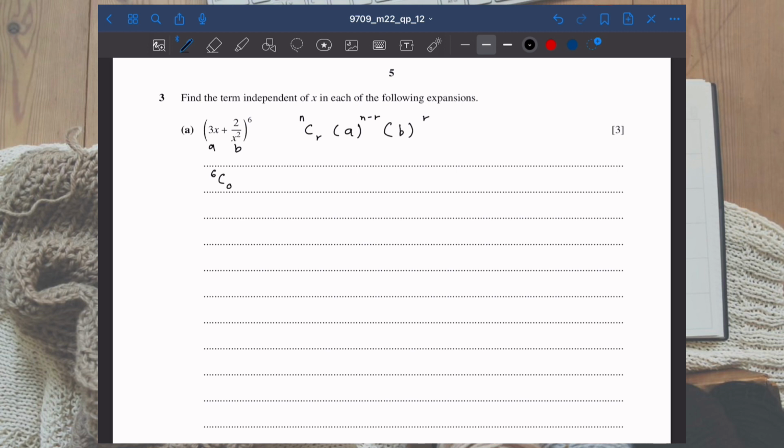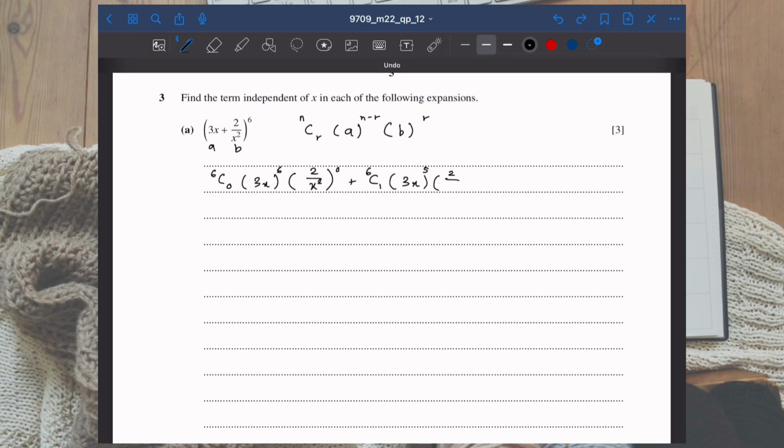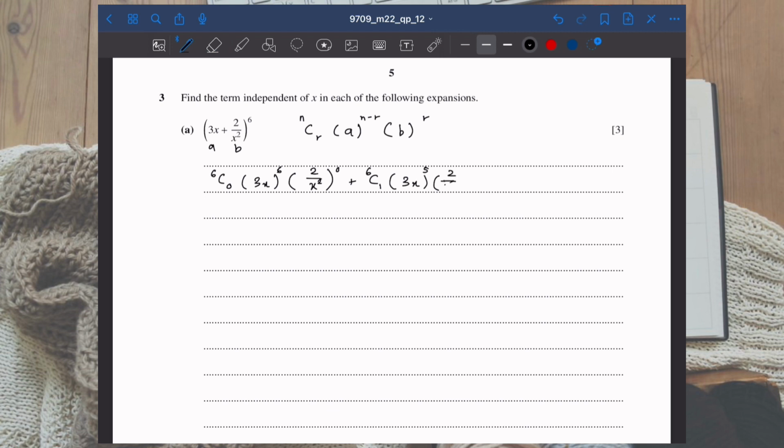Our n is 6, and the r for our first term will be 0, times (3x)^(6−0), which is 6, times (2/x²)^0, plus 6c1 times (3x)^(6−1), which is 5, times (2/x²)^1, plus 6c2 times (3x)^(6−2), which is 4, times (2/x²)^2.